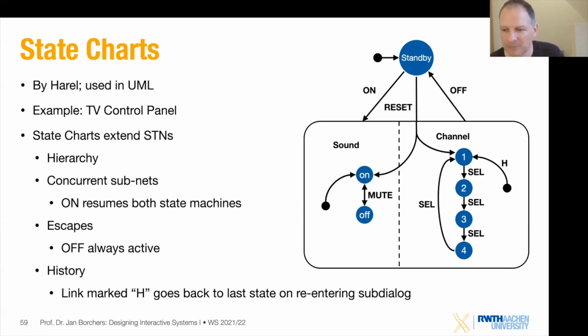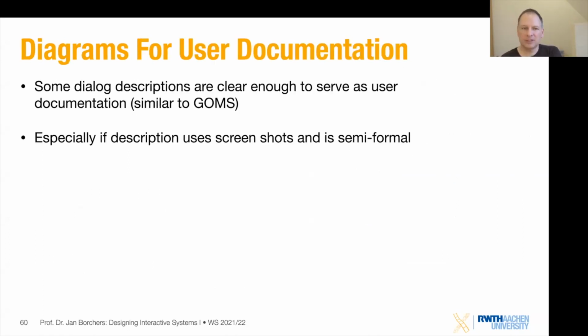cool. Okay, so now we know how to specify dialogue behavior for the implementation. But we can also use it for documentation, because some of the descriptions are actually great starting points to start a user documentation, right? Similar to the GOMS model.